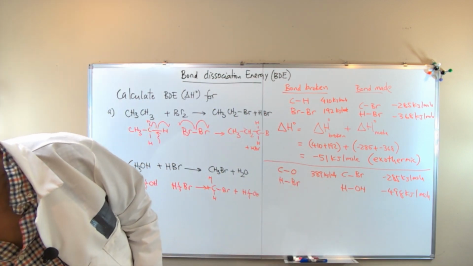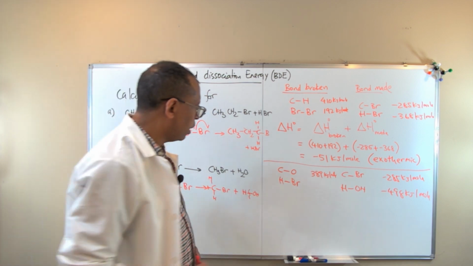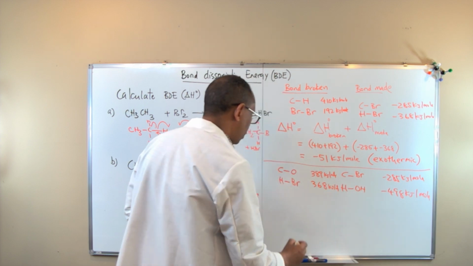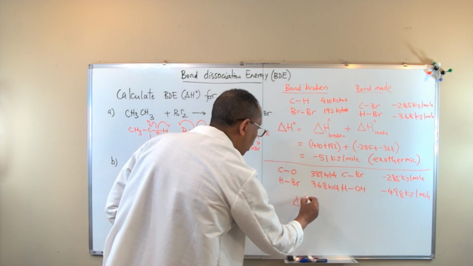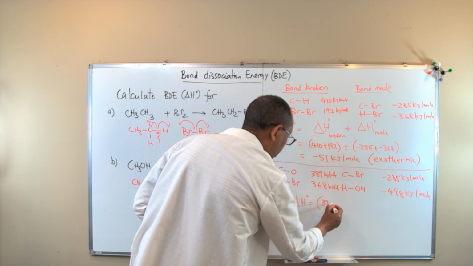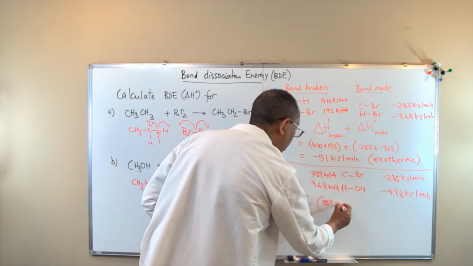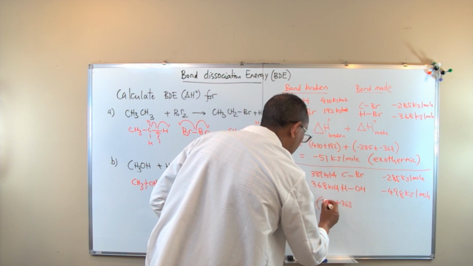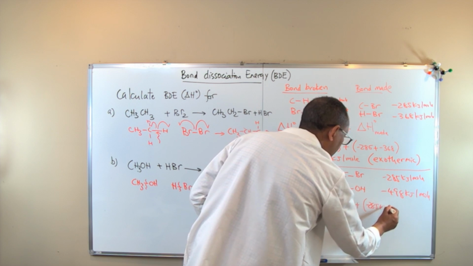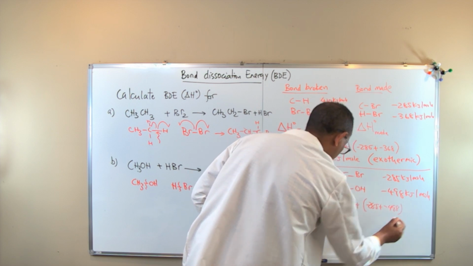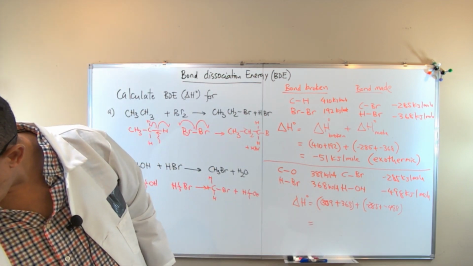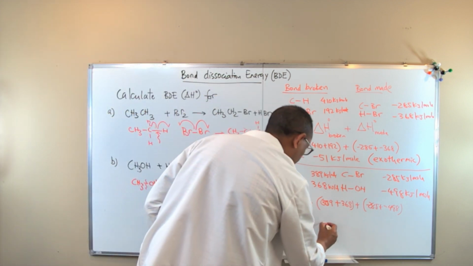And for HBr, 368 kilojoules per mole. So delta H equals bond breakage, the same sum, 389 plus 368, plus minus 285 plus minus 498. So the net, from what I calculated, is minus 26 kilojoules per mole.